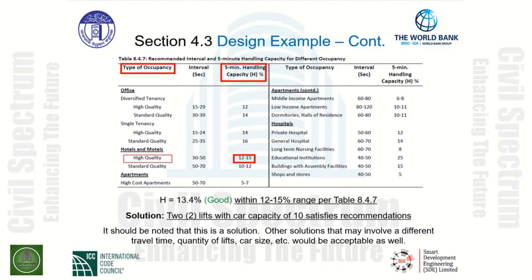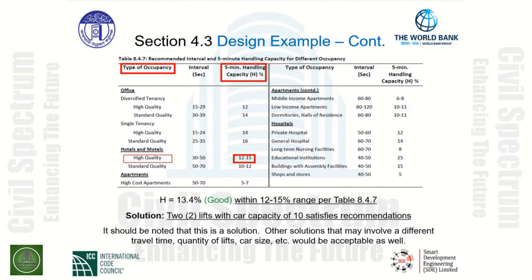The range for a high-quality hotel is given to us between 12 and 15%. Our calculation resulted in 13.4%, which falls within 12 to 15% range according to table 8.4.7.